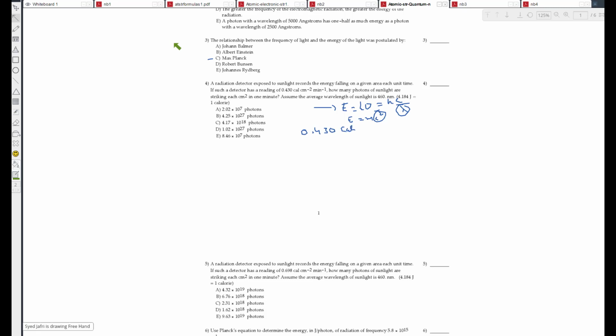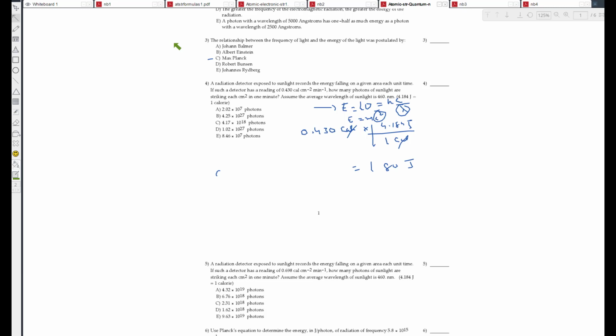Since this is in calories, I know that 1 calorie is equal to 4.184 joules. Calories cancel, and I multiply by that. After rounding, if we keep 3 significant figures, it would be 1.80. So that's the joules we have, and all other things we keep the same.